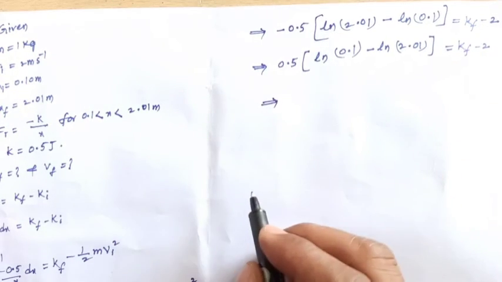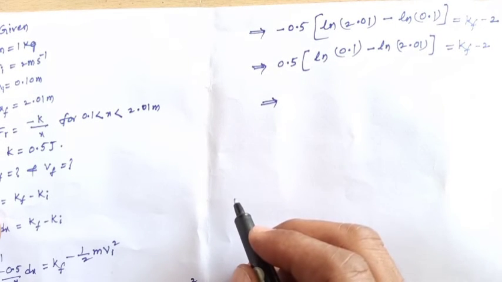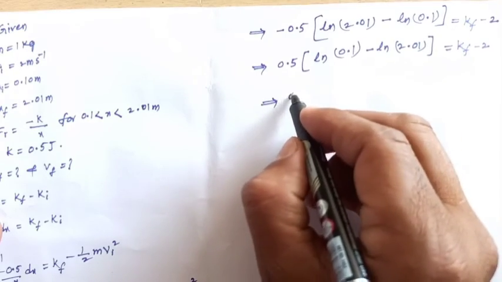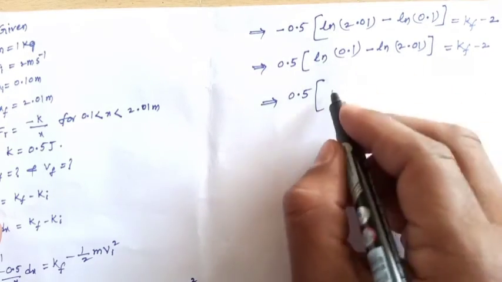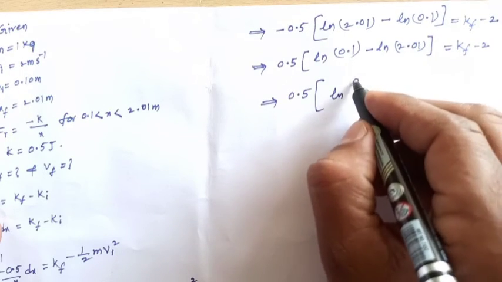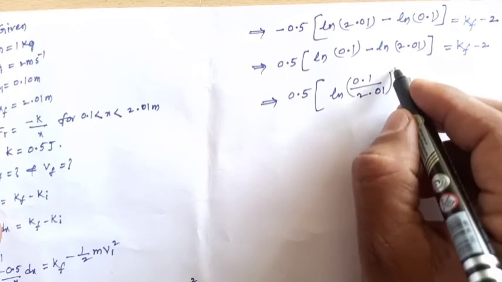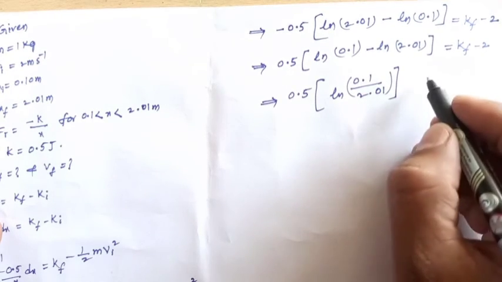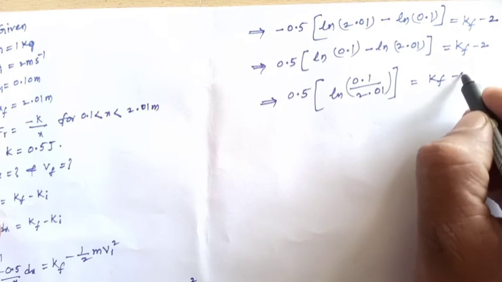That implies 0.5 times, using log a minus log b, ln of 0.1 by 2.01 equals Kf minus 2.